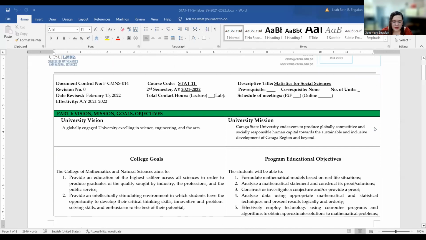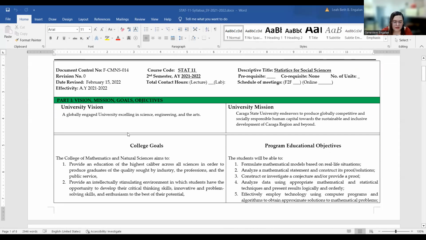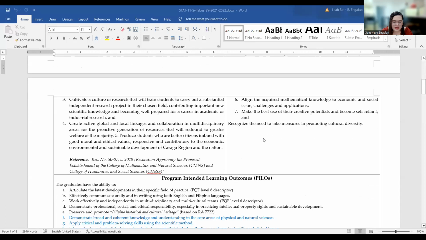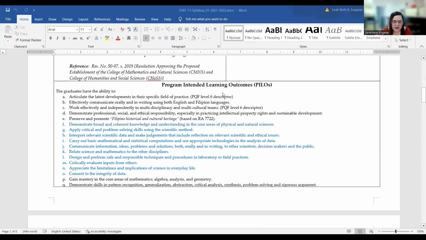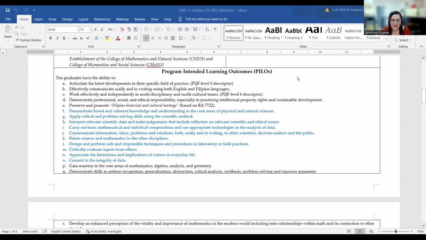Okay, so we have the vision, mission, goals of the university and the college. Okay, we have program intended learning outcomes. By the way, this is available sa ato ang LMS. So, nakakita siguro mo sa section na to sa LMS kaya nakakita man mo ning Zoom link.